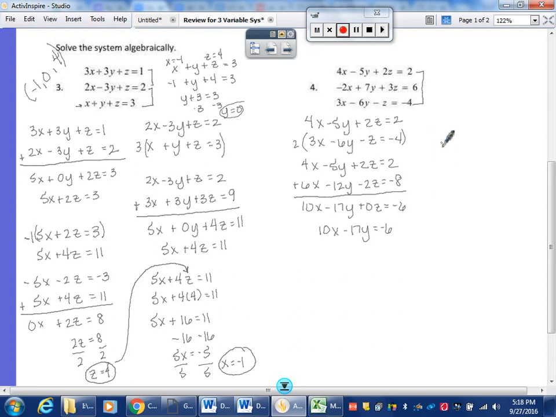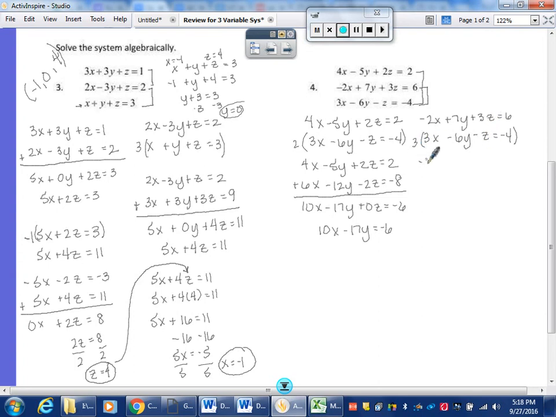I need to cancel out the z's from a second set, so I'm going to use the second and third equations. So this is negative 2x plus 7y plus 3z is equal to 6, and 3x minus 6y minus z is equal to negative 4. I need to multiply the second equation by 3 in order to make this a negative 3z, which will cancel out.